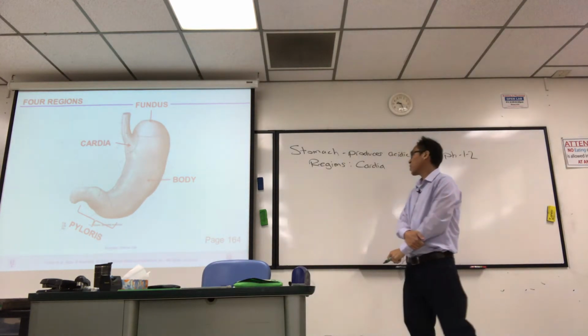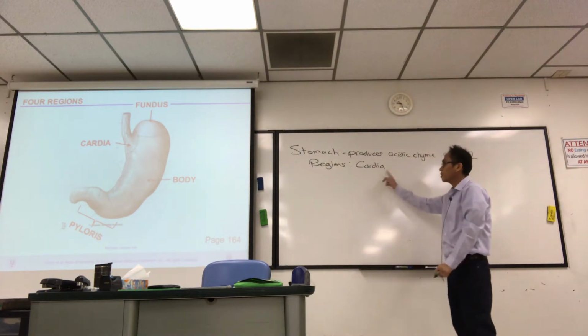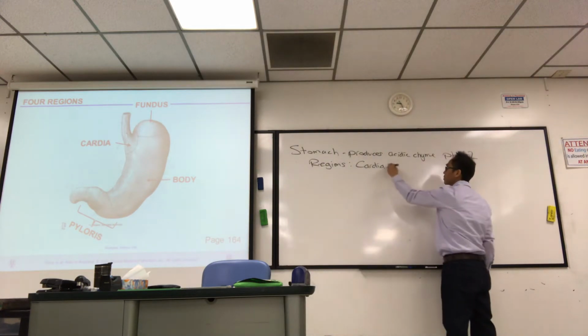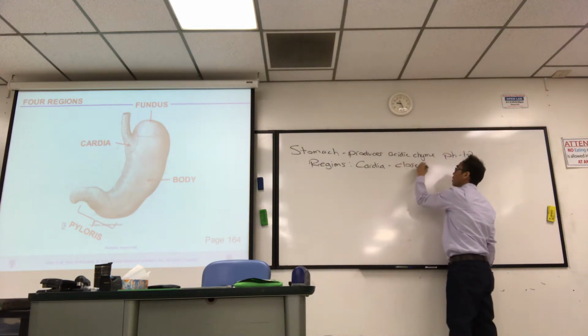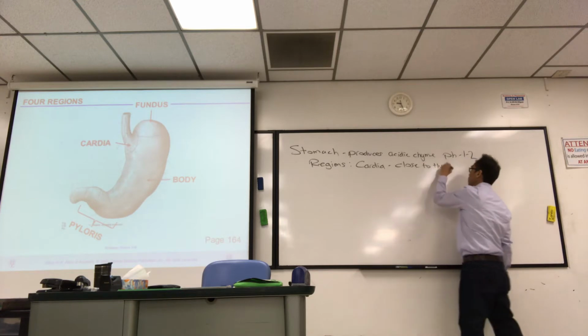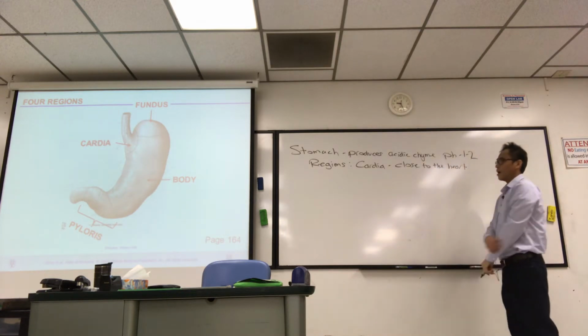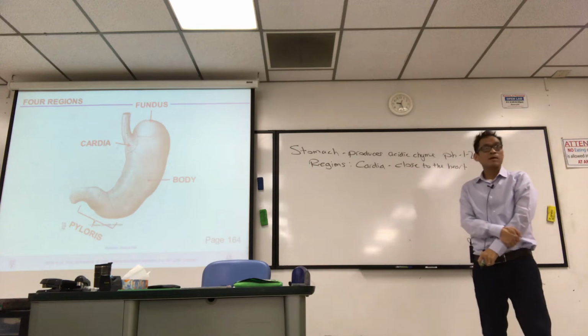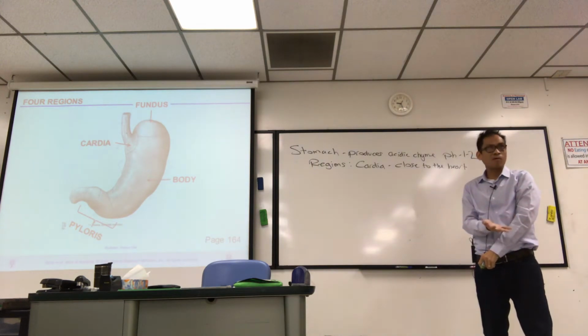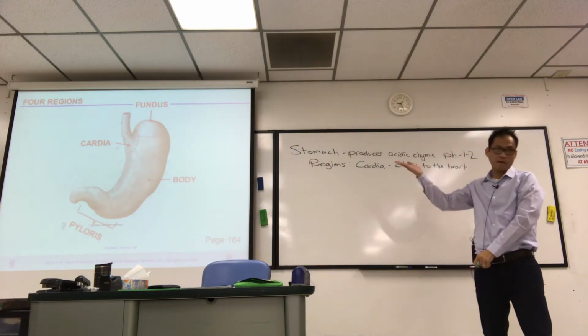So the region that's closest to the heart is the cardia. There's the old phrase, a way to a man's heart is through his stomach. To an anatomist, that's literal, because it literally is right there, above it.